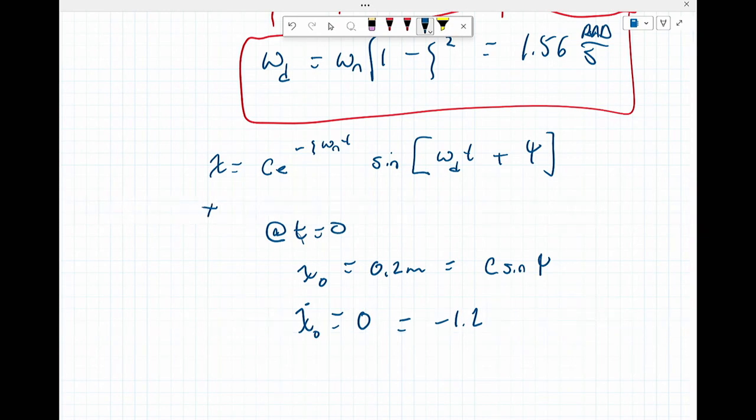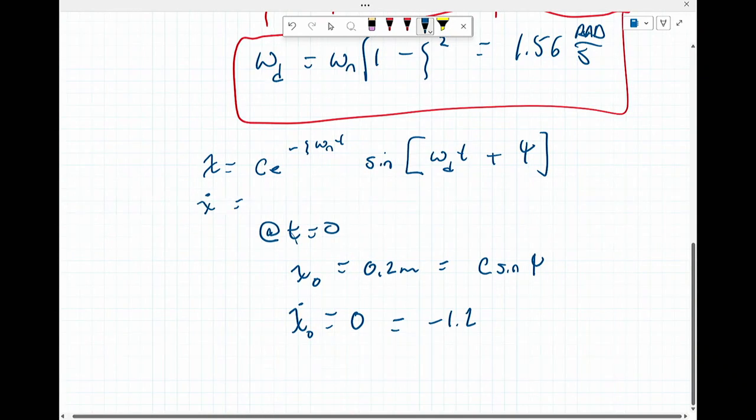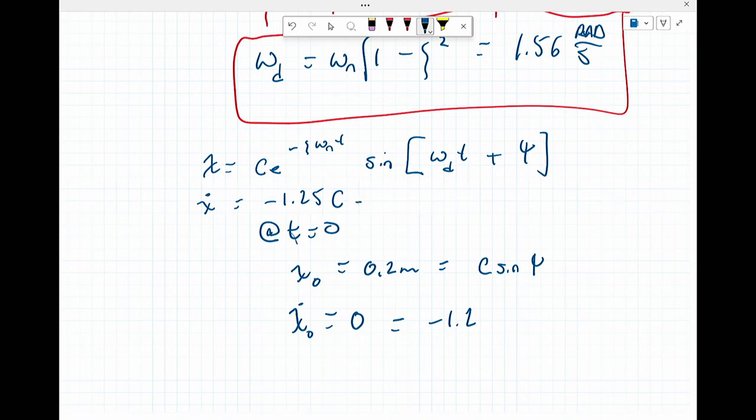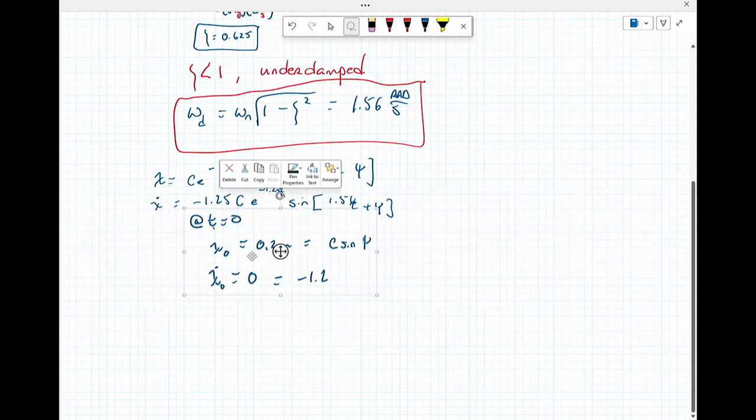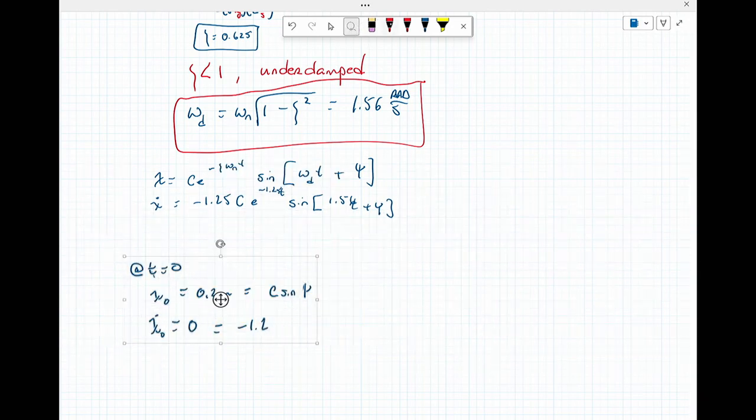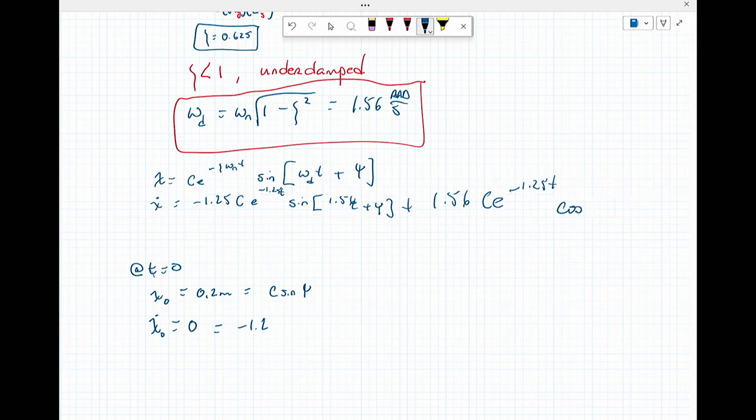Oh, yeah, maybe I do want to do that. Sorry. X dot equals minus 1.25 c e to the minus 1.25 t sine of 1.56 t plus psi, plus 1.56 c e to the minus 1.25 t cos of 1.56 t plus psi.